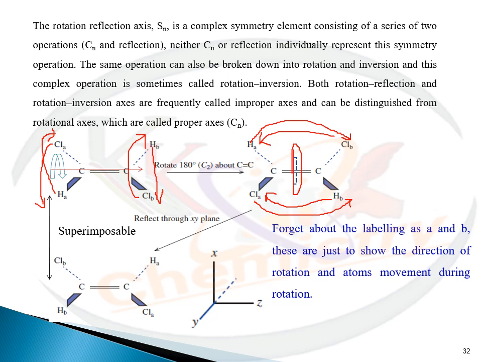Now you can see the same structure. You can superimpose these two structures. So these two structures are mirror images of each other. It means this particular molecule possesses Sn, an improper axis of rotation.